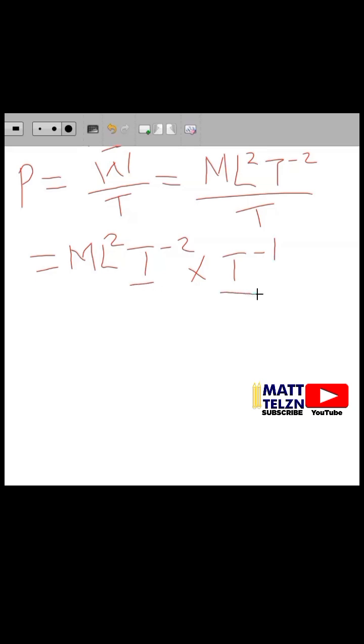Okay, so they have the same base, and I'm going to add this and this, that is minus 2 plus minus 1. So what I'm going to have is M L square T to the minus 2 plus minus 1. Minus 2 plus minus 1 will give me minus 3.